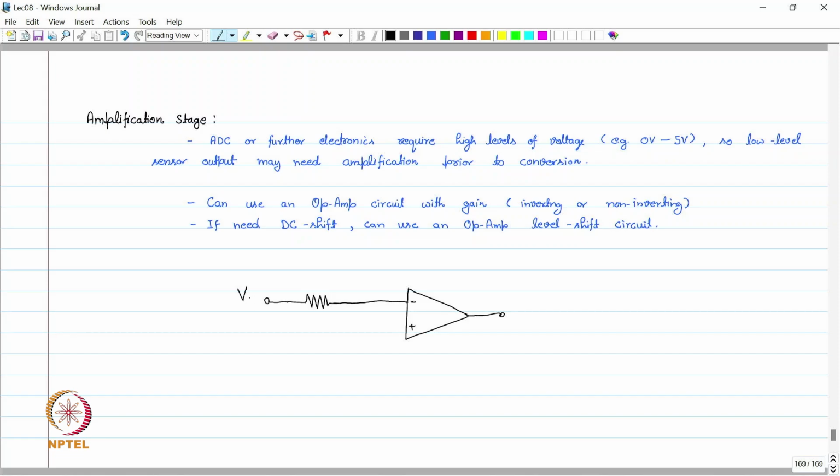So this is V sensor, this is R. This generally has a feedback resistor.